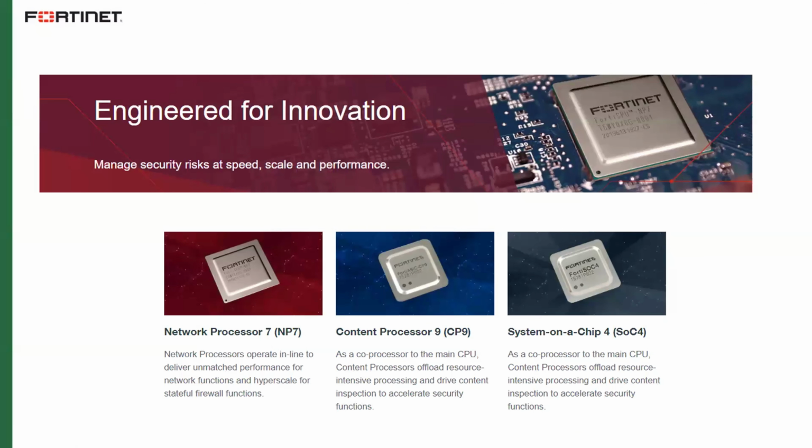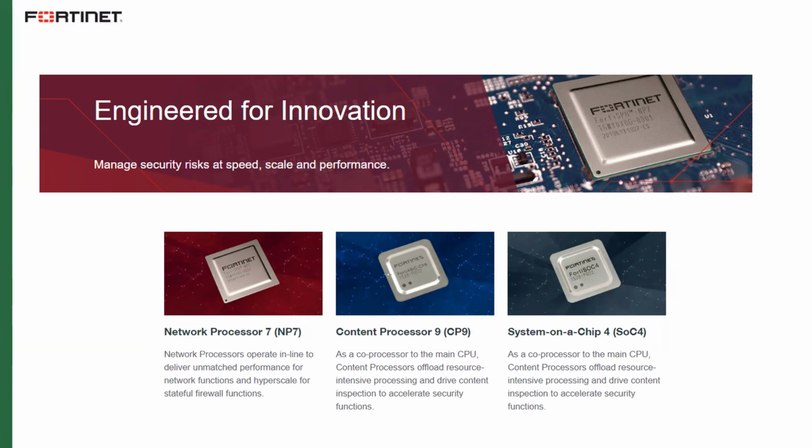Now, these are the three CPUs which are integrated inside your hardware. We call it the NP7 processor, the network processor 7. We also call it a content processor and an on-chip processor. These are inbuilt, hard-coded inside your hardware.